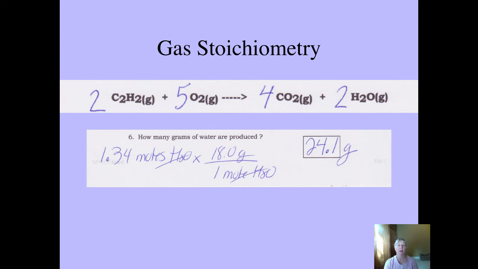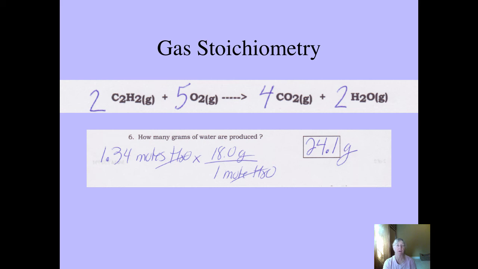Finally, if I ask you to take moles of water and convert that into grams, reach for a periodic table. I rounded off here, so I'm cheating a little bit. 1.34 moles of water times 18 grams in 1 mole of water. That means that if I burn that amount of acetylene, I'd make 24.1 grams of water vapor, which of course you could cool down and condense into a liquid and weigh if you wanted to.